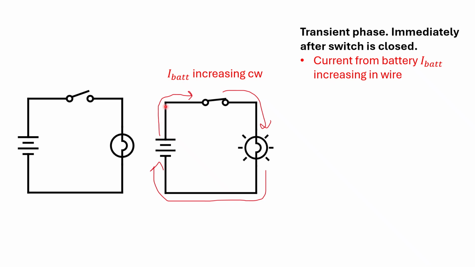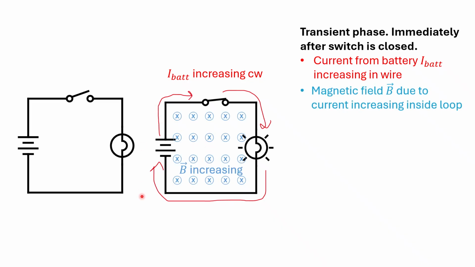And in fact, if we follow that same logic all the way around our loop, inside of the circuit, the current is going to create a magnetic field that points into the screen. There'll also be a magnetic field outside of the loop that points out of the screen, but we're only going to care about what's inside of the loop because that's what affects Faraday's law.